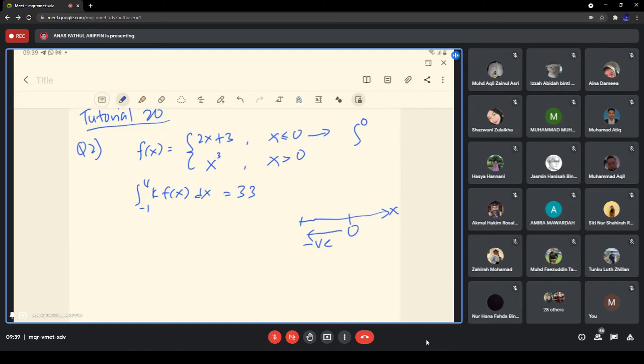And then belah kanan ni value positif. So kalau untuk yang x greater than 0 ni, bila kita nak integrate x greater than 0, maksudnya start daripada 0 dan ke atas. So 0 tu duduk dekat atas ke dekat bawah?